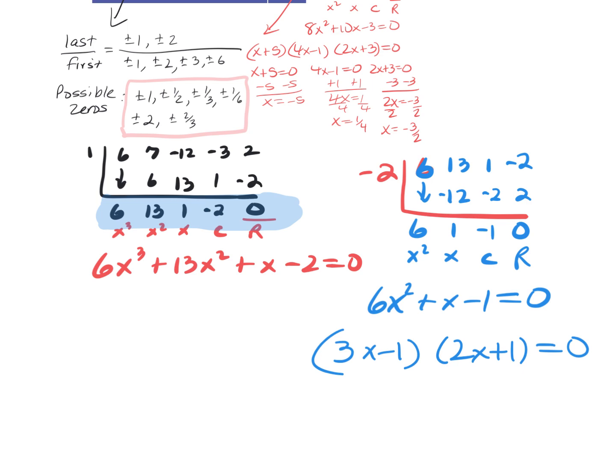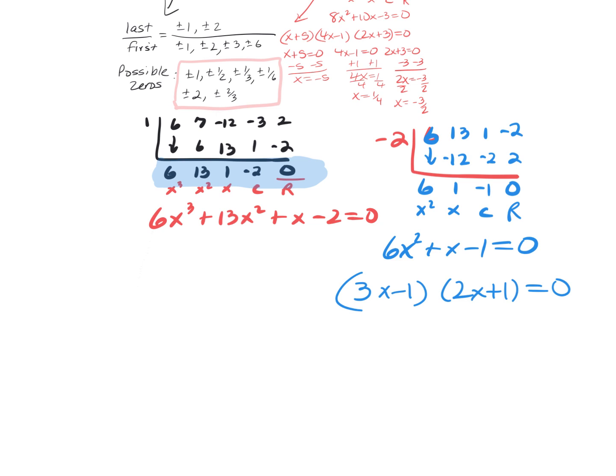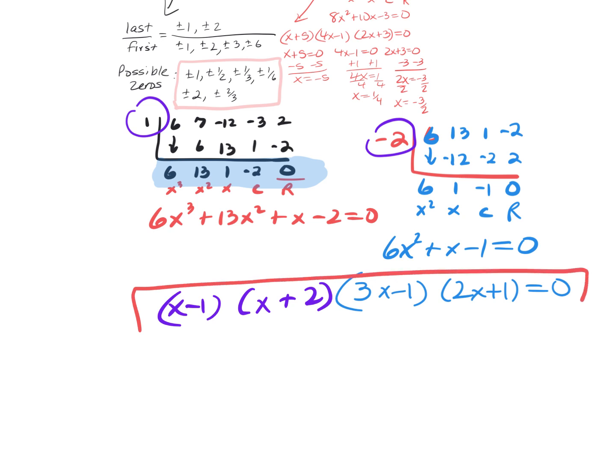Now, if it would have asked me to list all of the factors, I would have needed to go back and grab these numbers that I just did synthetic with and turn them into factors. So I could put the x minus 1 here, opposite sign, and then the x plus 2. These are all the factors of that polynomial.